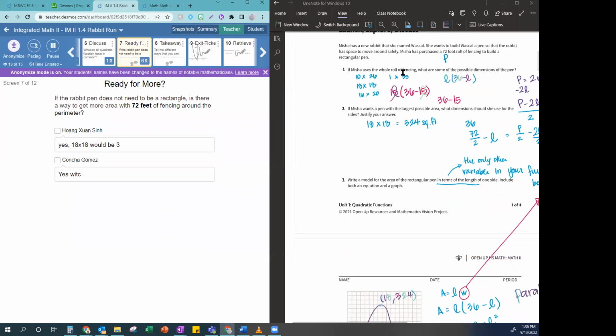This skinny little rectangle right here, the 1 by 35, is going to be 35 square feet. It's a skinny rectangle versus this one, which is a square, which gave much more area. So I'm going to have you explore this so that you can think about it. Let me pause right there.